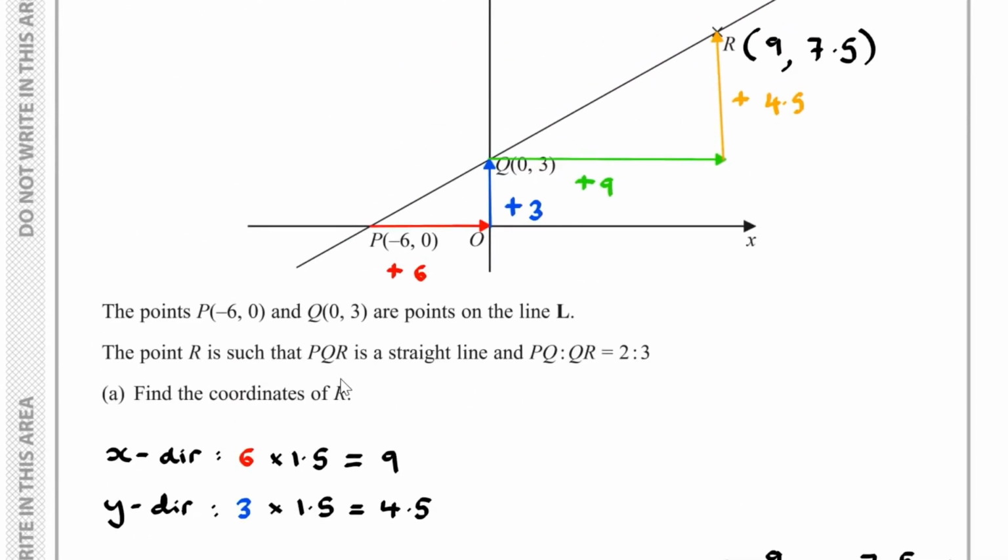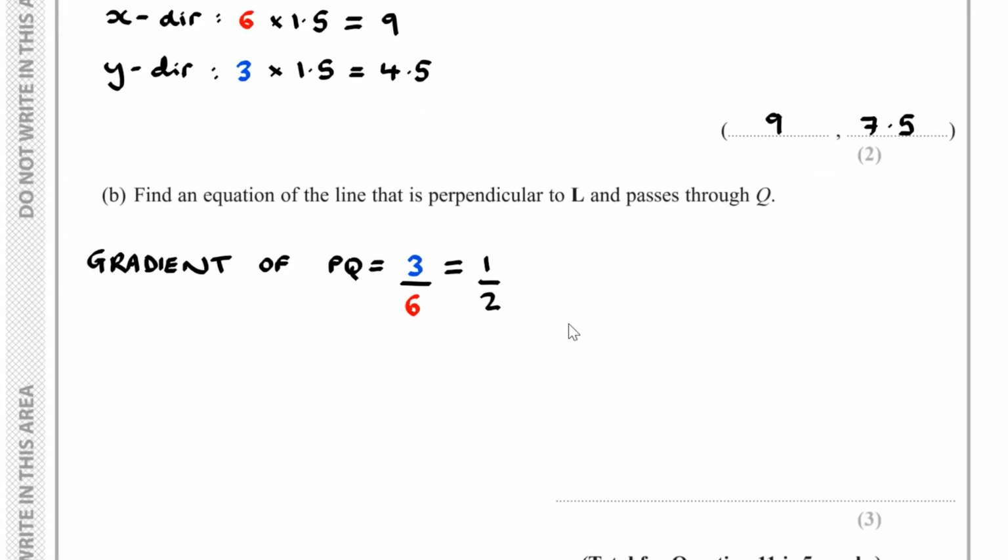Now, if we have something which is perpendicular, that means the perpendicular gradient is equal to the negative reciprocal of 1/2, which is -2.